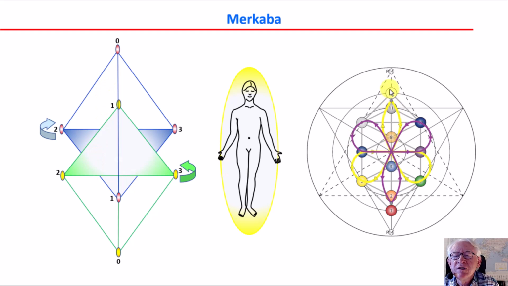So we have the electrical energy coming in through the apex of the top pyramid of the tetrahedron, and it flows down through the center point of the structures. It then flows down here as the yellow flow of energy back through the center, and then it flows back out through the point through which it entered.